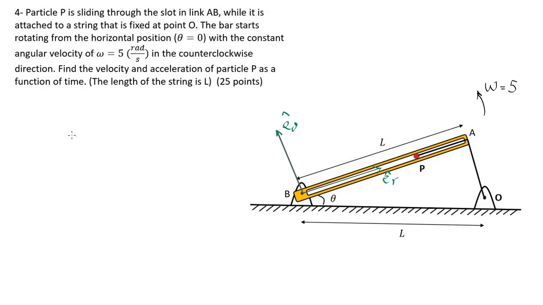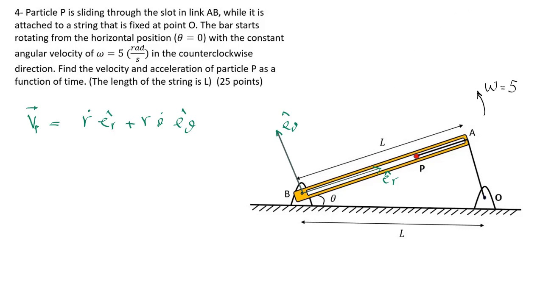Just to review, the velocity of particle P in the polar coordinate is going to be r dot in the ER direction plus r theta dot in the E theta direction. And what is r? From the origin to this point is going to be r.